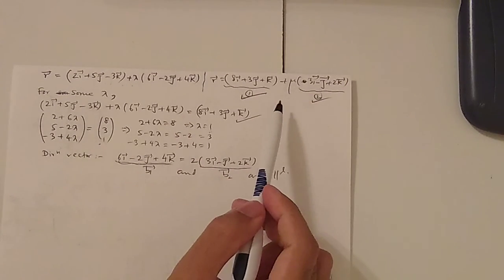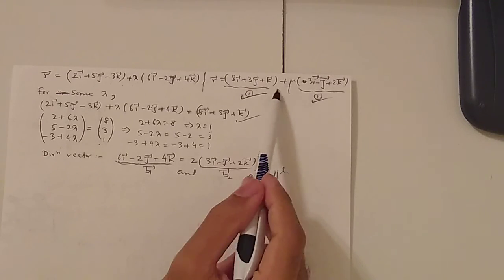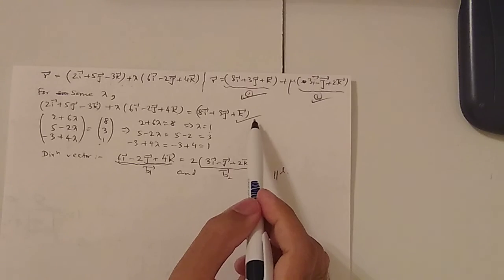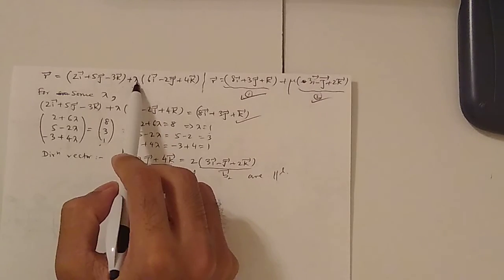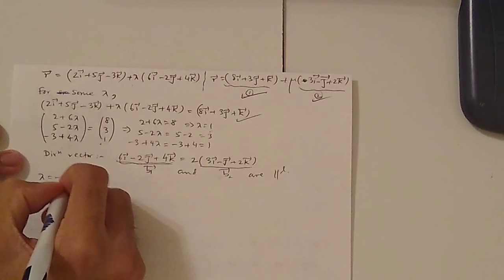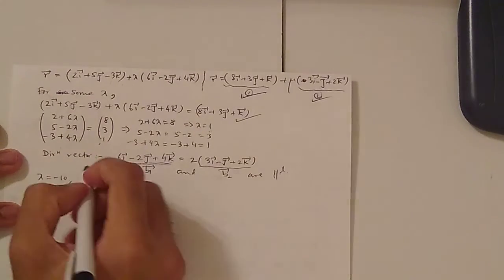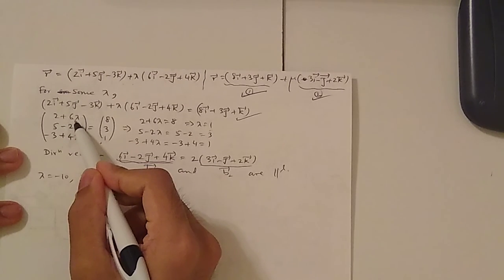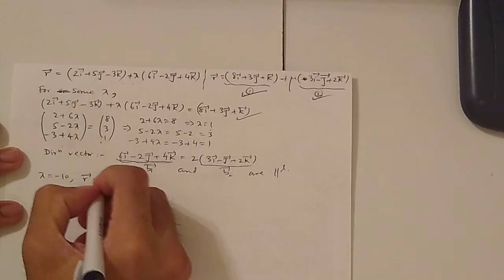Now if they ask us, we can write the equation for the same line in different manners. Let's say that lambda was minus 10. So if lambda was minus 10, from this equation, what is r then? r is equal to 2 plus 6 times lambda, that is equal to minus 62.